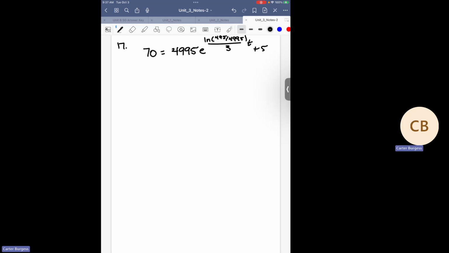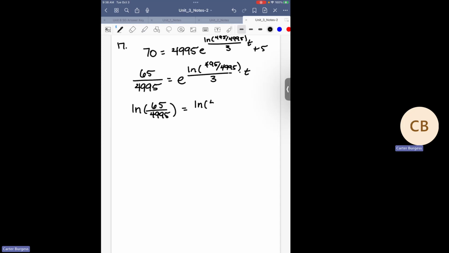Solving here, I get that 65 over 4995 is equal to e to the ln of 495 over 4995 over 3 times t. And then rewriting as a logarithm, the ln of 65 over 4995 is equal to the ln of 495 over 4995 over 3 times t.